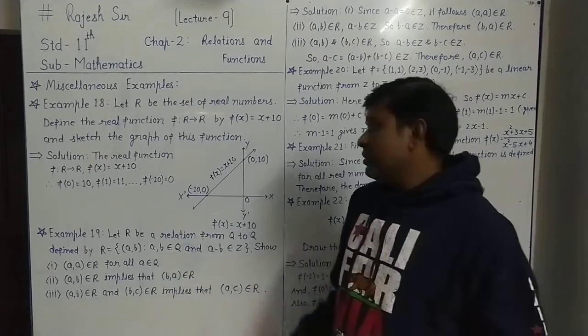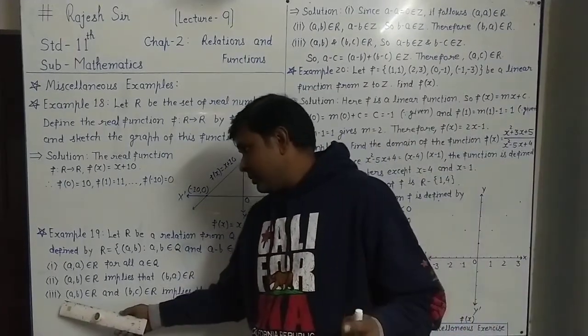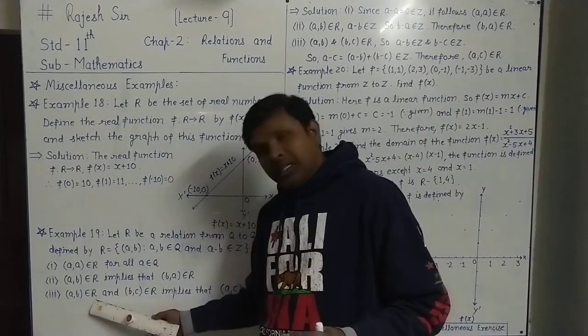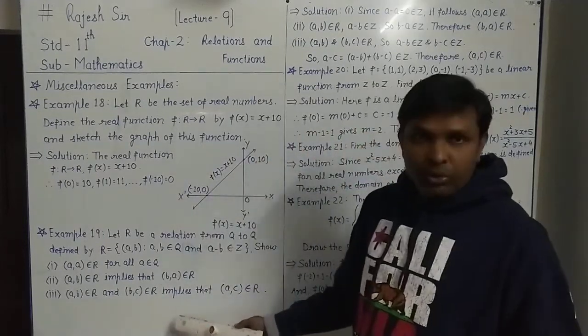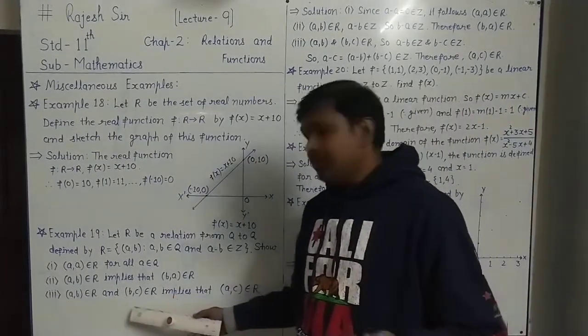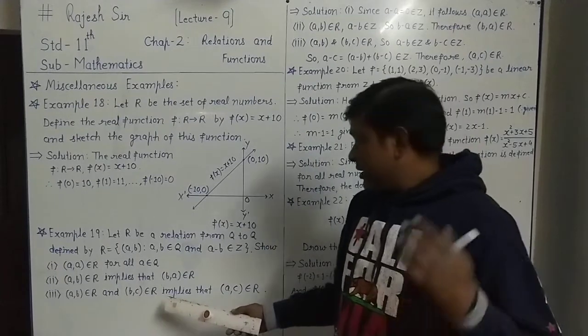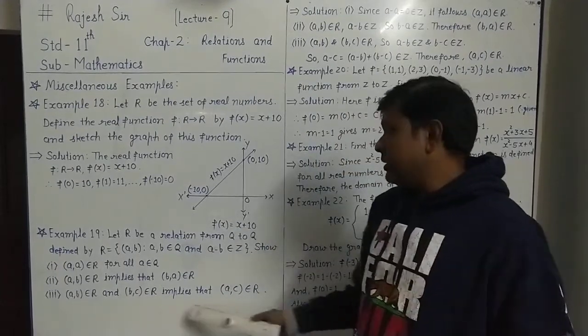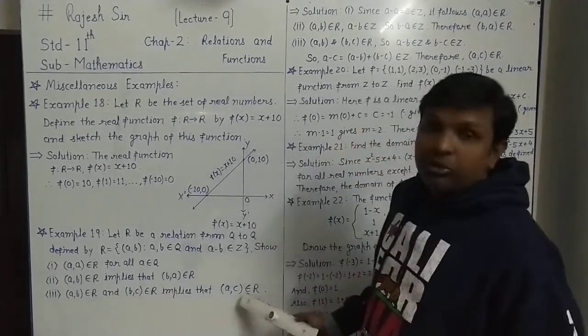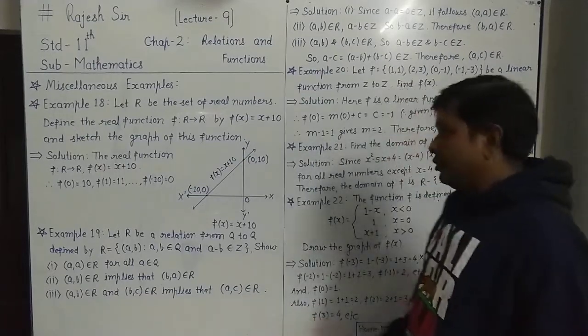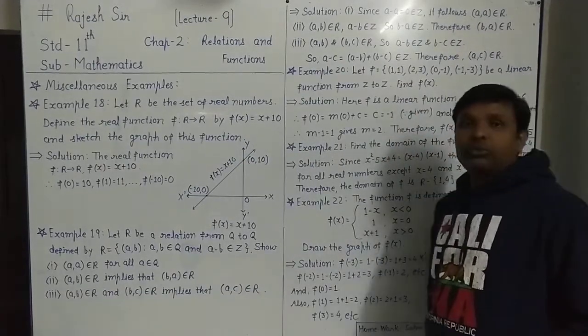Third, (a, b) belongs to R and (b, c) belongs to R implies that (a, c) also belongs to R. So these are the three things to show.